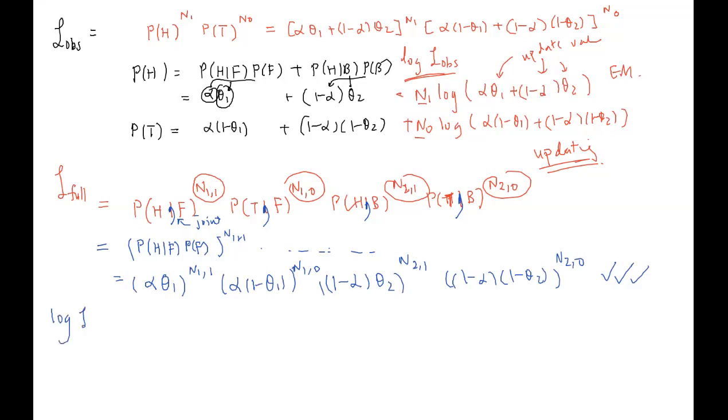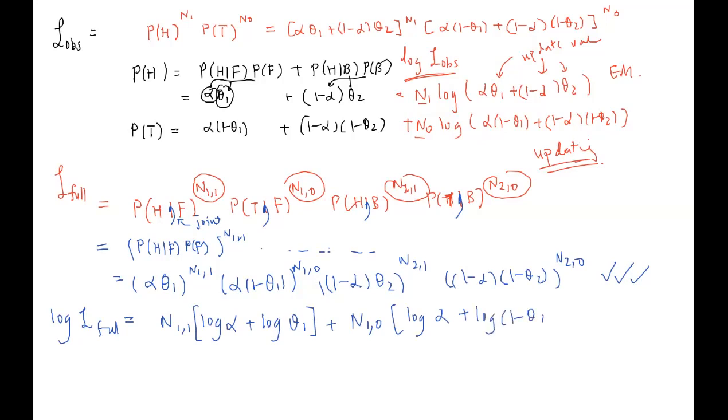in order for you to be able to proceed. So the log of the full likelihood will be N11 log alpha plus log theta 1, plus N10 log alpha plus log (1 minus theta 1), plus N21 log (1 minus alpha) plus log theta 2, and finally N20 log of this.